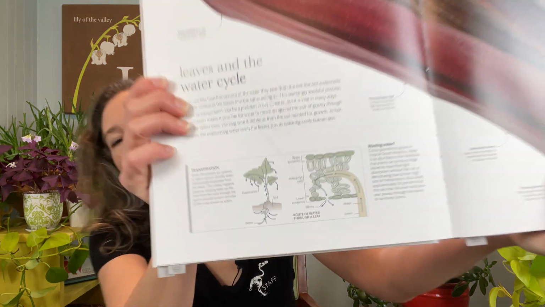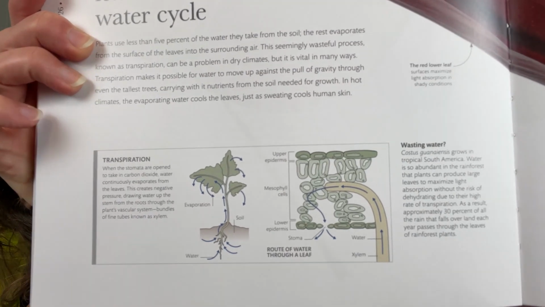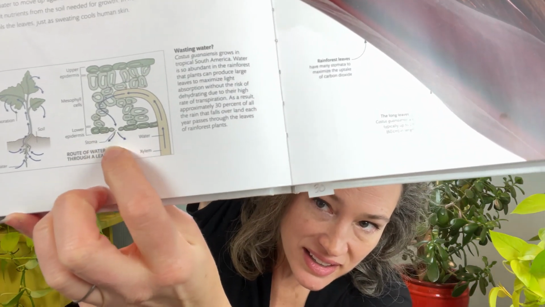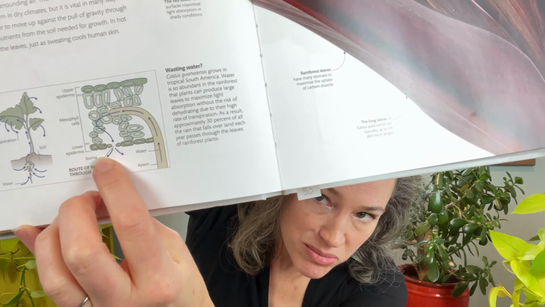We're looking at transpiration, which is what this diagram is showing. But as you can see, it shows the same thing. Right there on the bottom is the stomata. And that empty chamber right above it is for the gases. Same thing. So that's talking about the water cycle and transpiration.